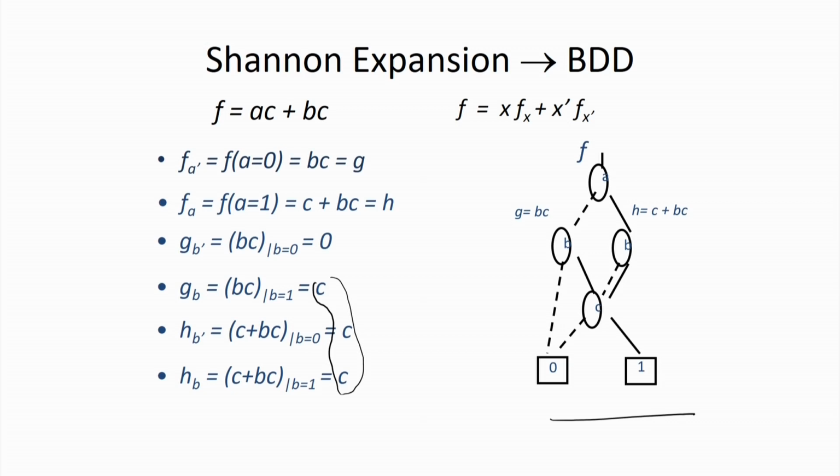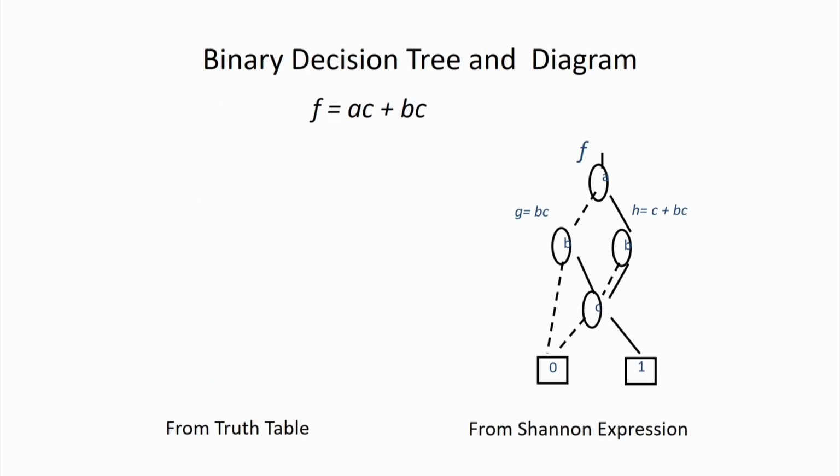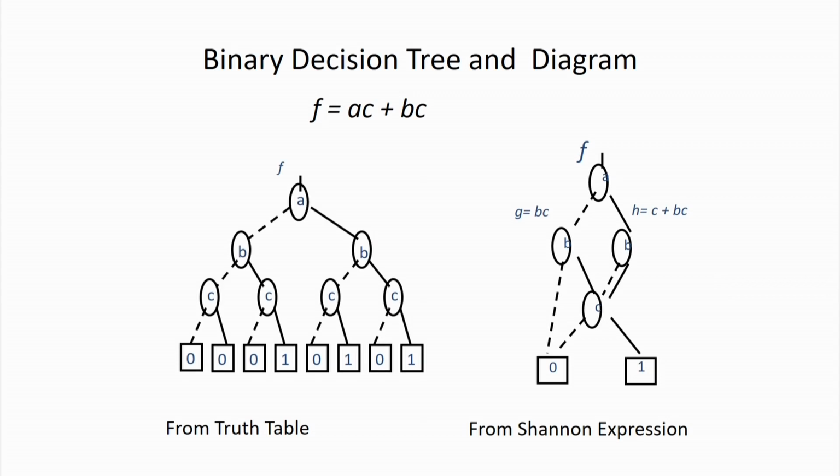So it has 4 non-terminal nodes and 2 terminal nodes. Now, we have the same function. For the BDT representation, we have 8 terminal nodes and 7 non-terminal nodes.